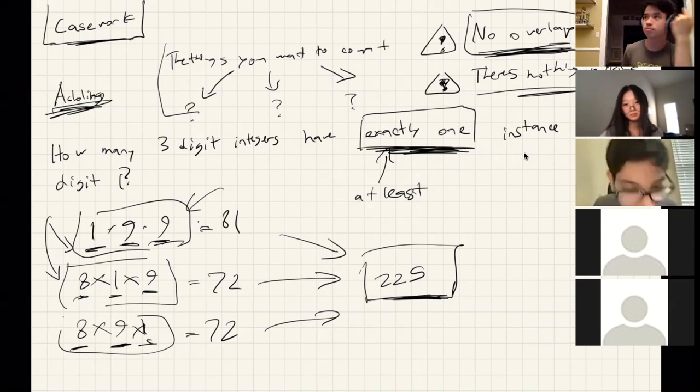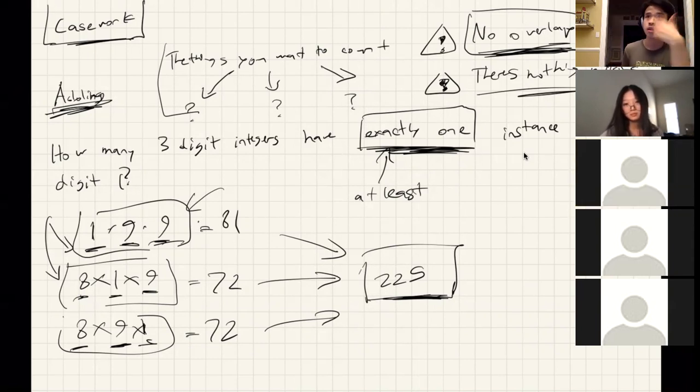They miss some case that they haven't previously considered because they weren't being careful. So you have to make sure that there's nothing missing. If you make sure that there's nothing missing and there's no overlap, then you ensure that everything is counted exactly once, and then you'll always get the answer that you want.